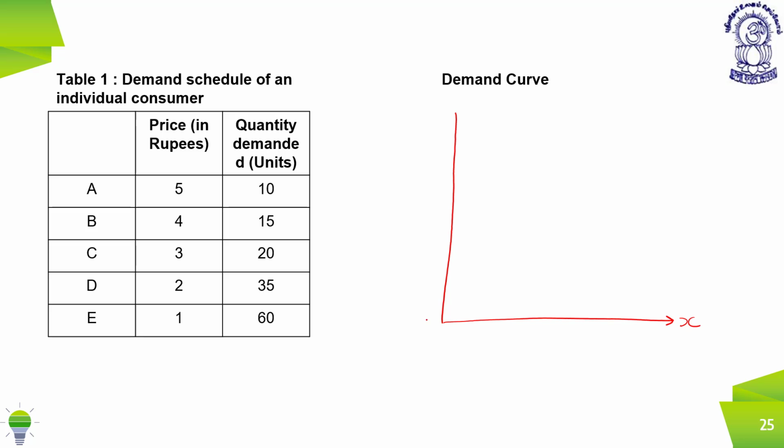This is x-axis, this is origin, this is y-axis. On y-axis we are plotting prices of the product in rupees, and on x-axis we are plotting quantity demanded of the product in units. Now at price 5, 4, 3, 2, 1 we have different levels of demand.